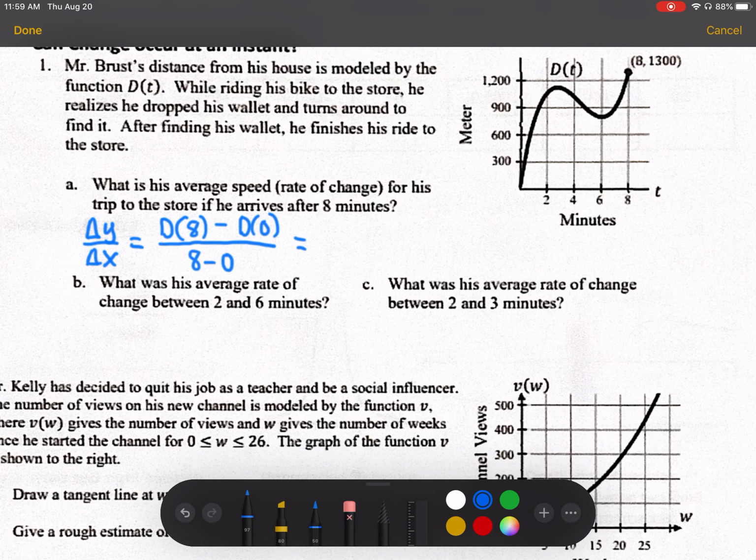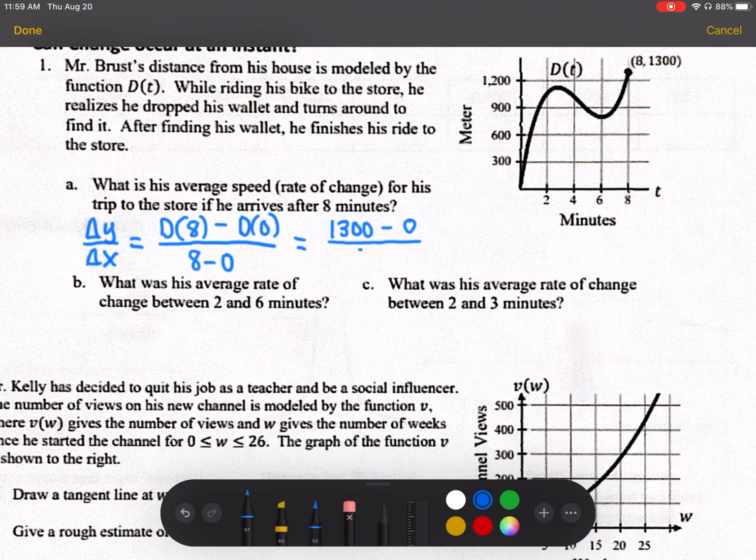So what that's going to end up being is d of 8 is 1300. D of 0 is going to be 0. And I'm just figuring that out by going, okay, here I am at 8 seconds. If I carry that up to the graph here, what is that number? So that ends up being 1300 there.